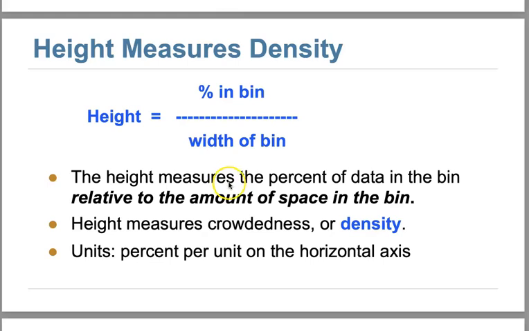The height measures the percent of data in the bin relative to the amount of space in the bin. So the height measures the crowdedness, which we call the density. The unit for the y-axis, or the height, is percent per unit on the x-axis, or we say the horizontal axis.